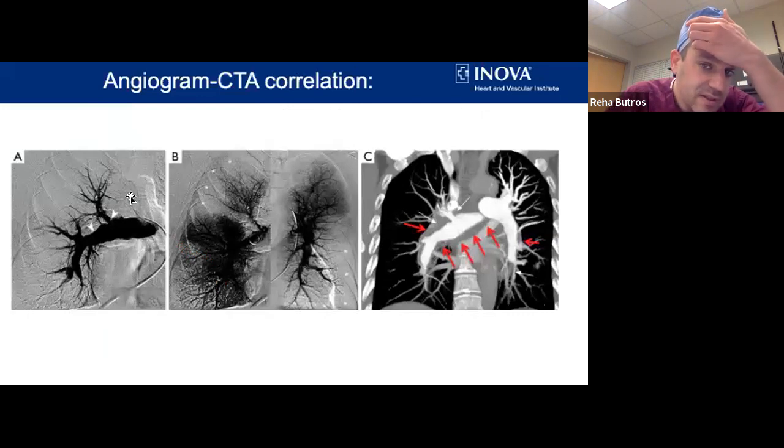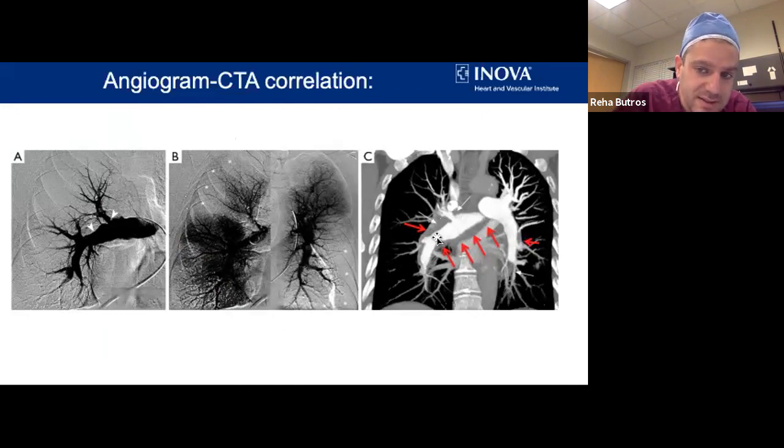These two are conventional angiograms, and this is a CT angiogram. I wanted to show you this because on the conventional angiogram, you could completely miss the findings. There's some irregularity in the right interlobar artery, and then on the more delayed phase, you can see big areas of perfusion defects in the left upper lobe, the right upper lobe and the left lower lobe.